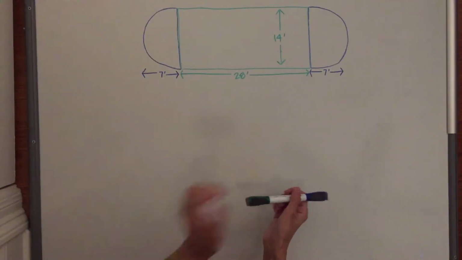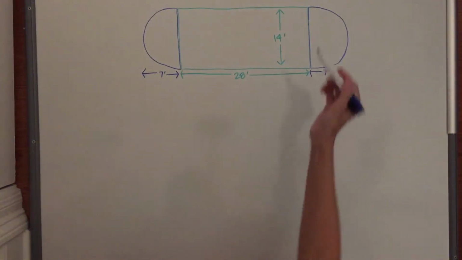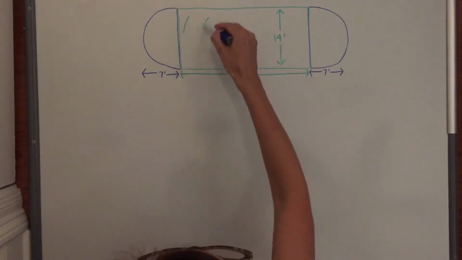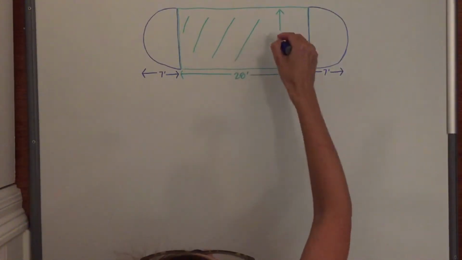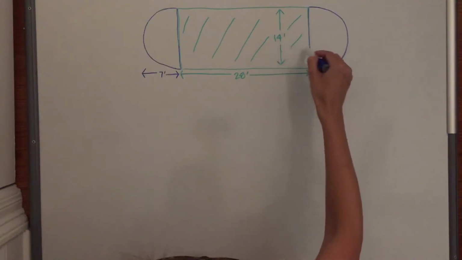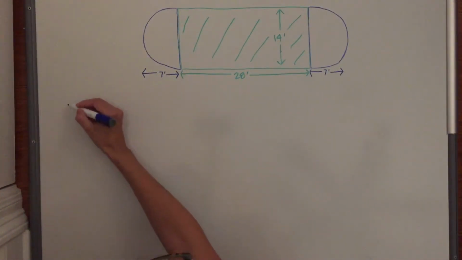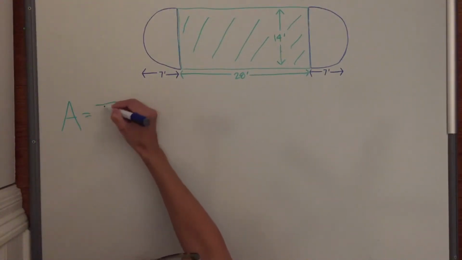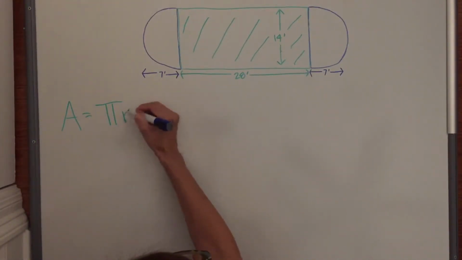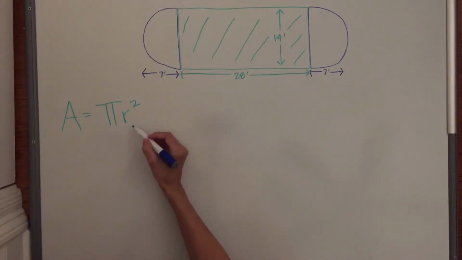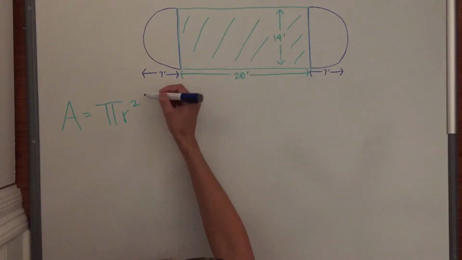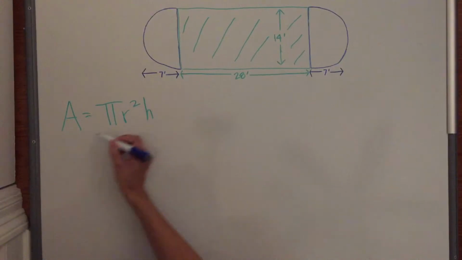So first we're going to find the volume of this part of the tank. Now the formula for a cylindrical tank is A equals pi r squared, r being radius, times height.